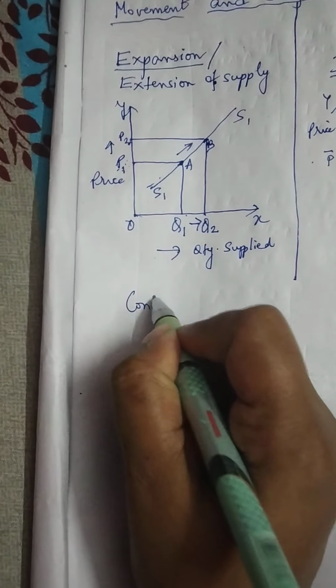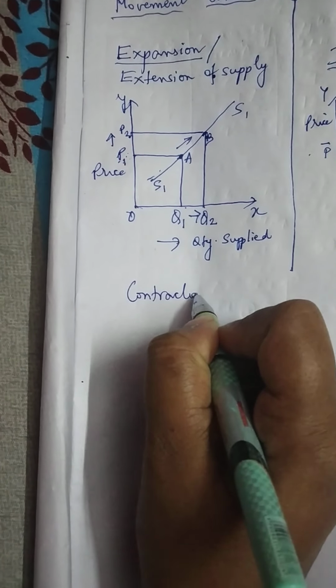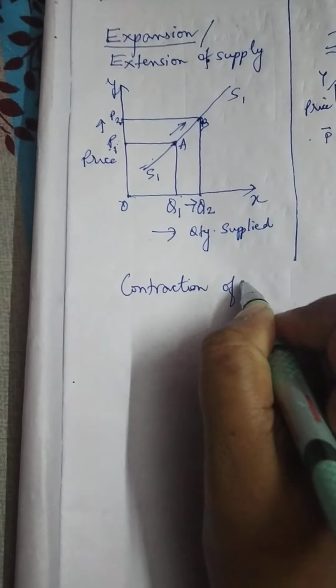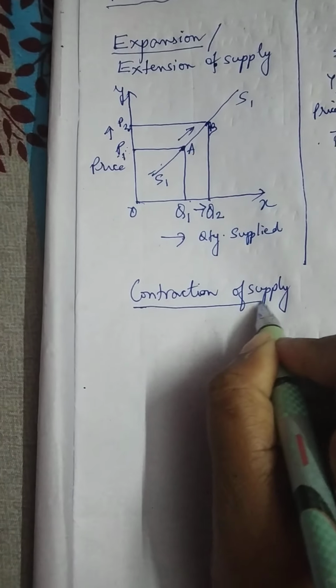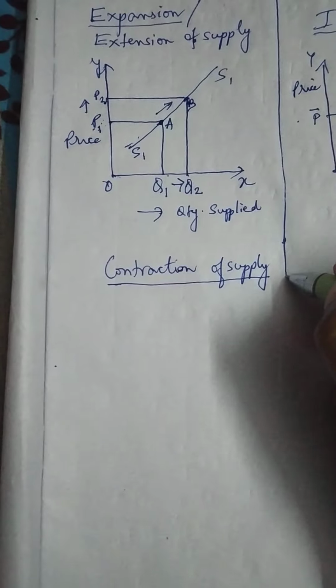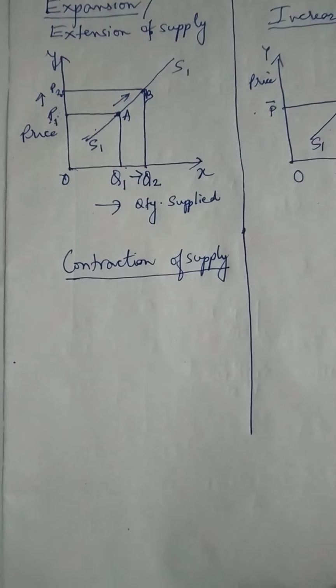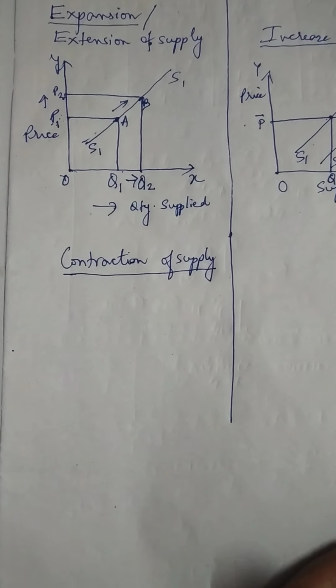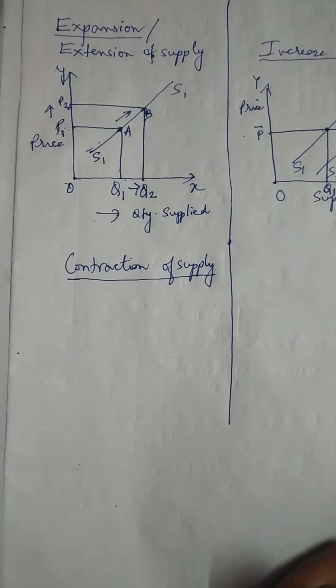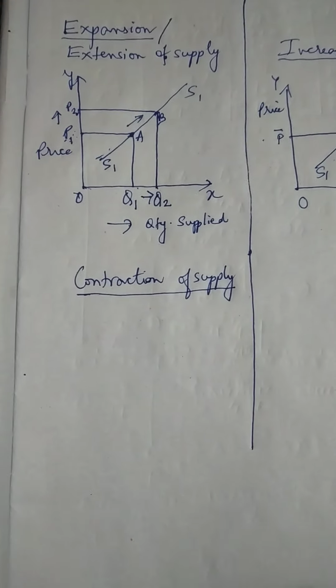Again, we can show you the contraction of supply. What is contraction of supply? It means when quantity supplied falls due to fall in the price of the commodity, other factors remaining constant.